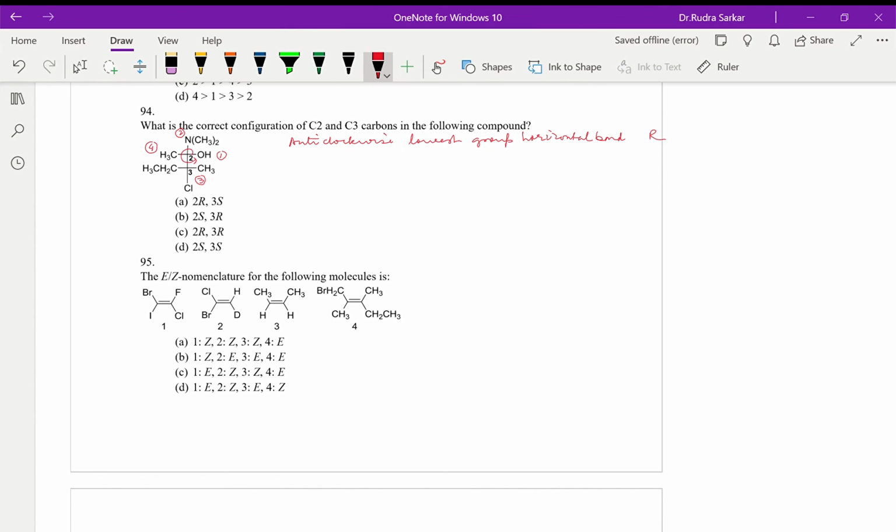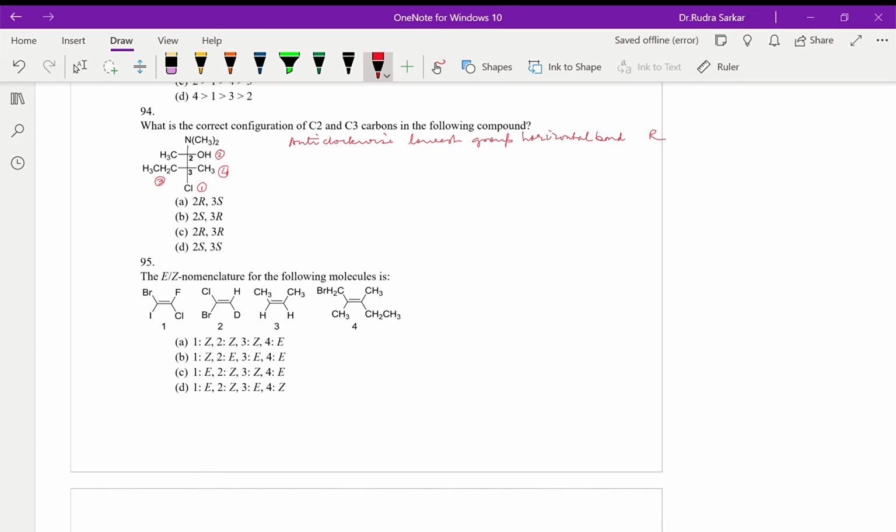Then again, let's check the other one. So we will erase this part. We have chlorine as 1. The above group, that is this one, will be taken as 2. This one will be taken as 3 and that one will be taken as 4.